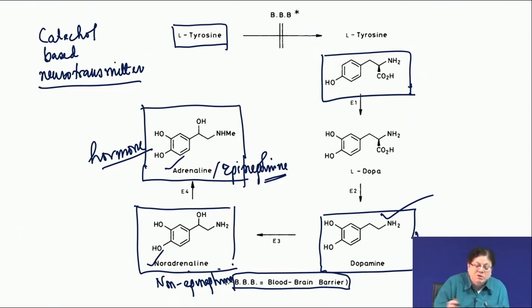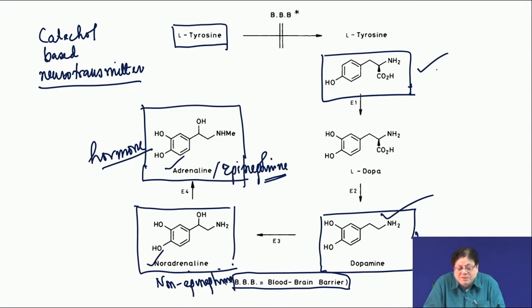The process by which this crossing takes place is usually a carrier molecule, which takes L-tyrosine across the blood brain barrier and puts the tyrosine inside the brain cells. So, this is your tyrosine.